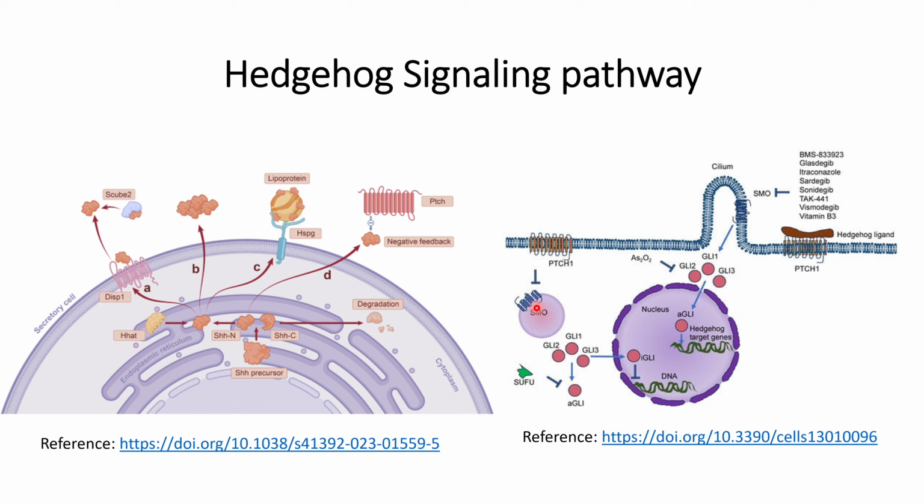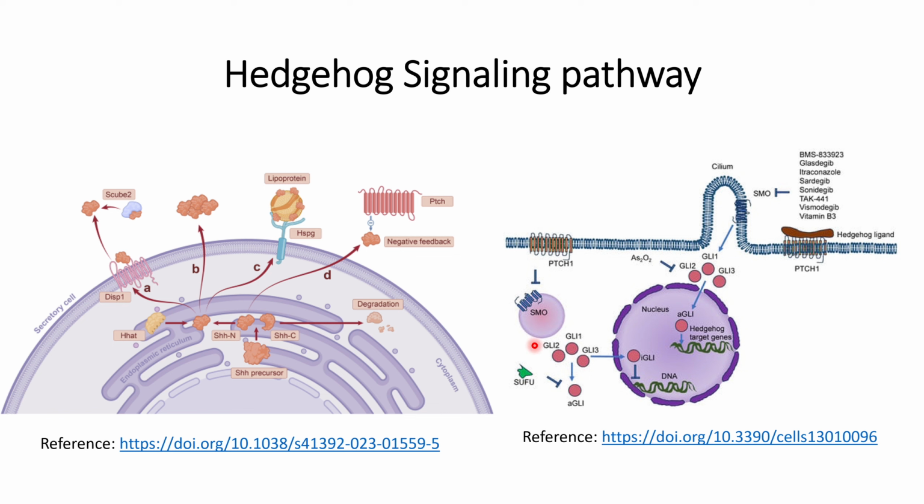What it does is first detach SMO, and thereafter SMO can upregulate the transcription factor GLI, which will go into the nucleus and upregulate the genes that are essential for the Hedgehog signaling pathway.